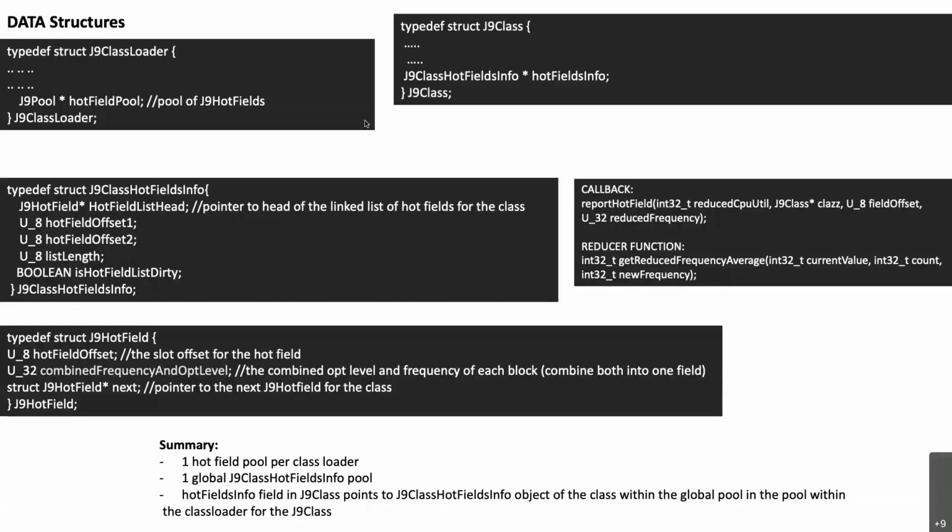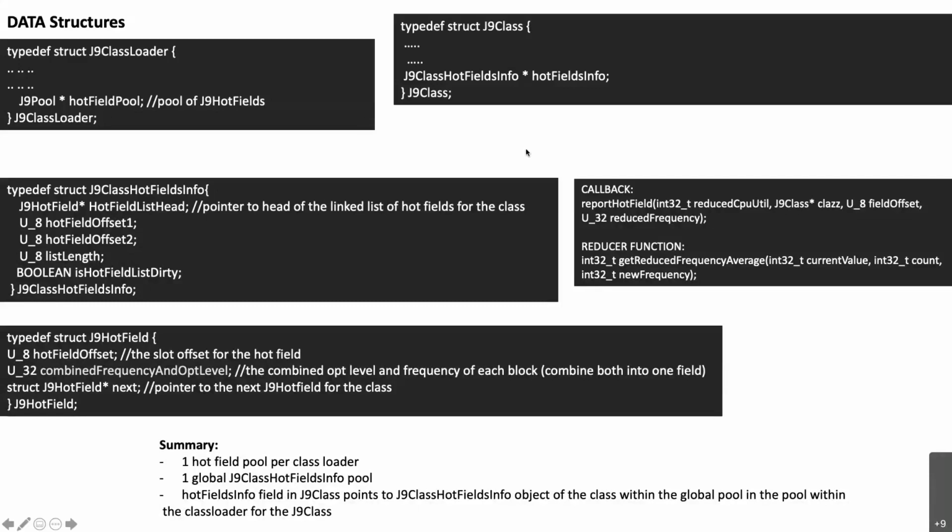So these were the best decisions that we collectively came up with. Looking at a J9 class loader, from speaking with Toby, we came up with each class loader having a hot field pool. This will have a pool for all hot fields related to all classes for that class loader.